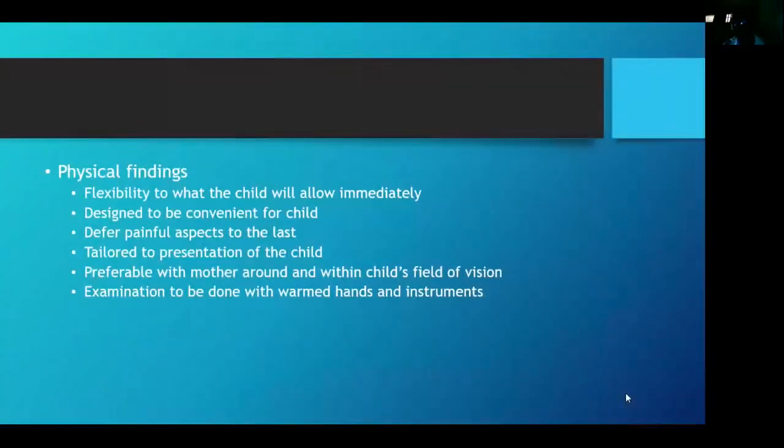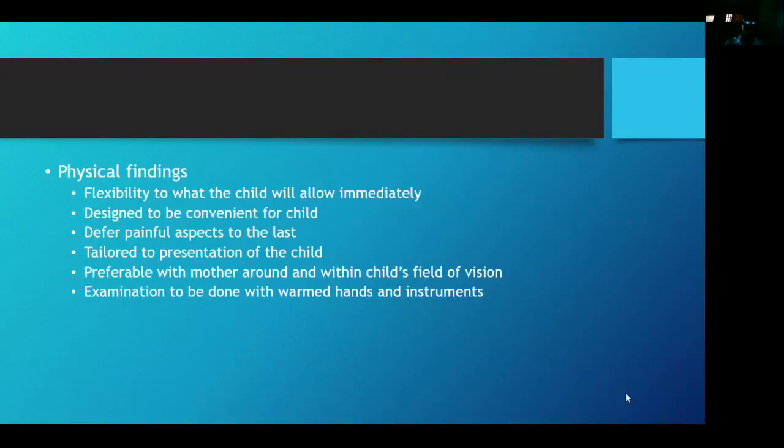So, physical examination, one of the things we have to bear in mind is that we have to be flexible. It's not necessarily that what you will do as a doctor is to examine in the predetermined order as it is in, say, Hutchinson's or Hamilton Bailey. No, it doesn't work that way with children.